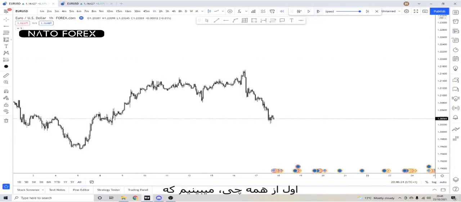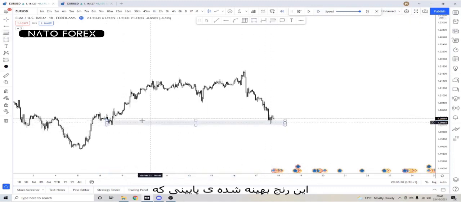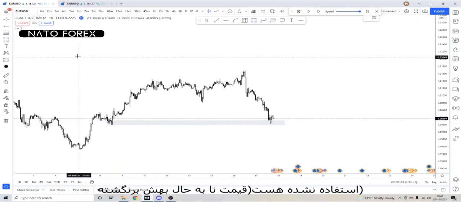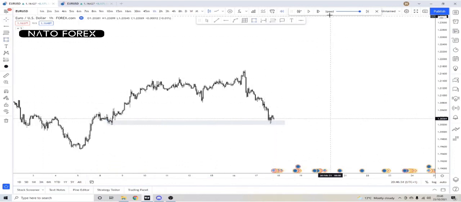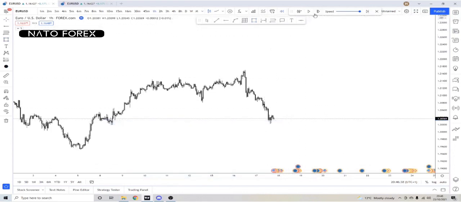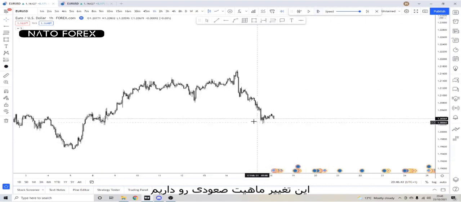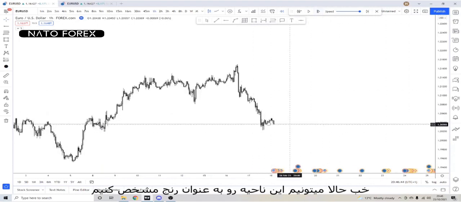Now, first of all, we can understand that price has come back into this refined range down here, which is left unmitigated, and now we get this change of character back bullish. First we can mark this range.